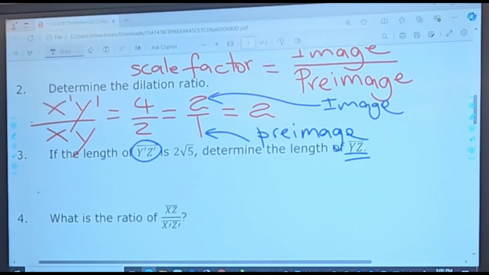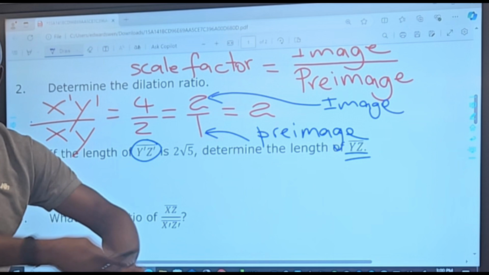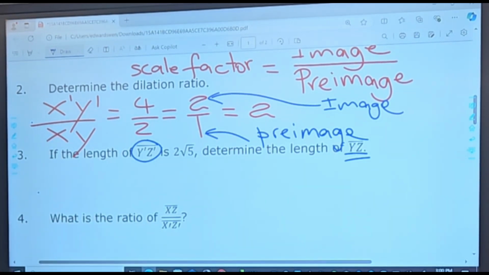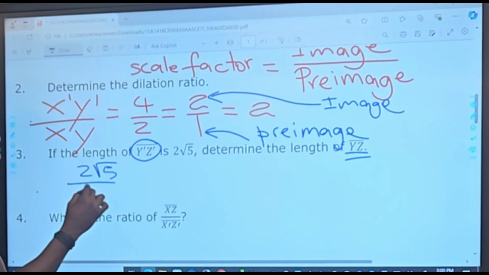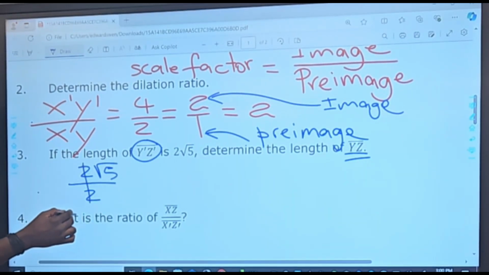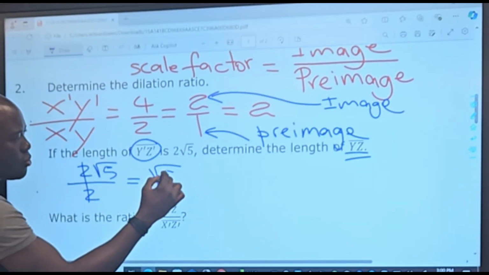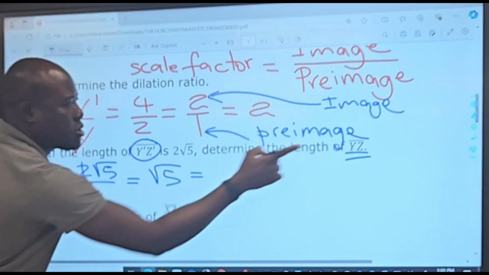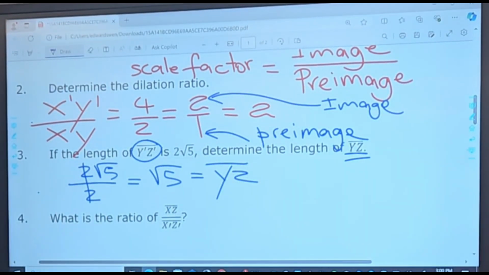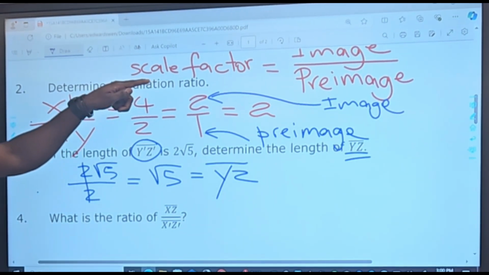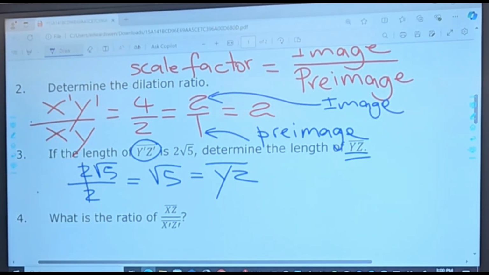So I would multiply to go to the image. What do I do to come back to the pre-image? We divide by that same ratio. And that number would be, we're going to divide 2 root 5 by what? 2. So if we cancel this, we're going to get root 5. And that is equal to the line segment YZ. Because remember, the moment we're coming back to the pre-image, you want to divide by that scale factor, all right, to go backwards.